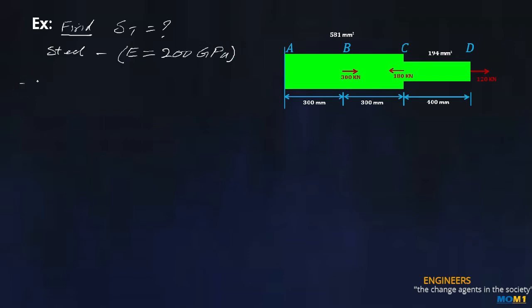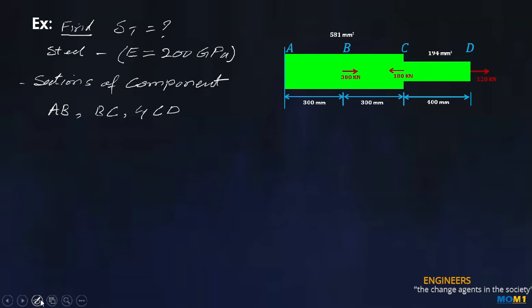Now the sections of the complete component are section AB, section BC, and section CD, keeping in view the length, the application of forces and the diameter of the cross-section area.